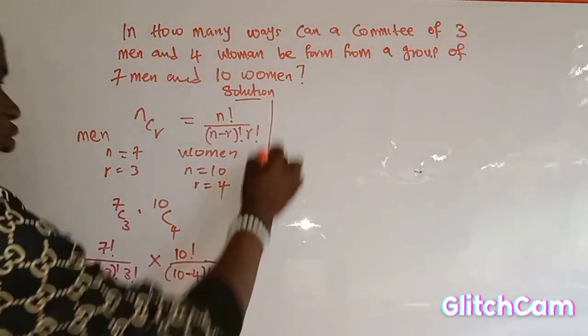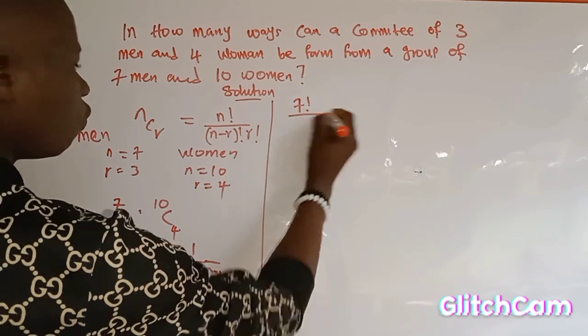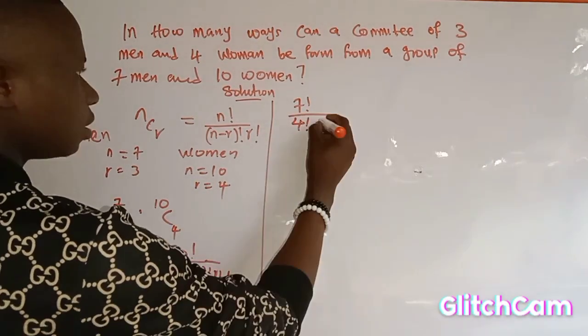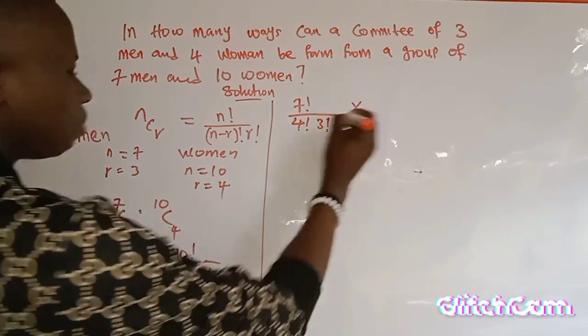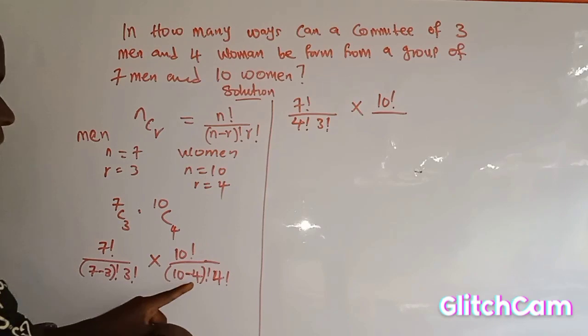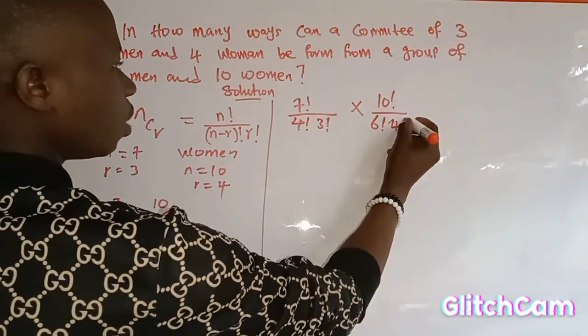So I can go further to simplify this. I have for men, 7 factorial over 7 minus 3 is 4 factorial, 3 factorial, multiplied by 10 factorial over 10 minus 4 is 6 factorial, 4 factorial.